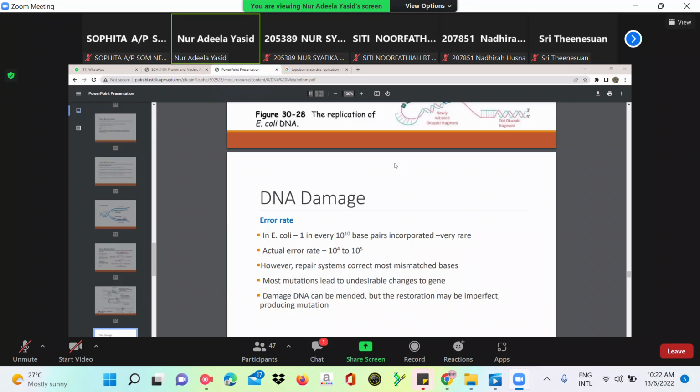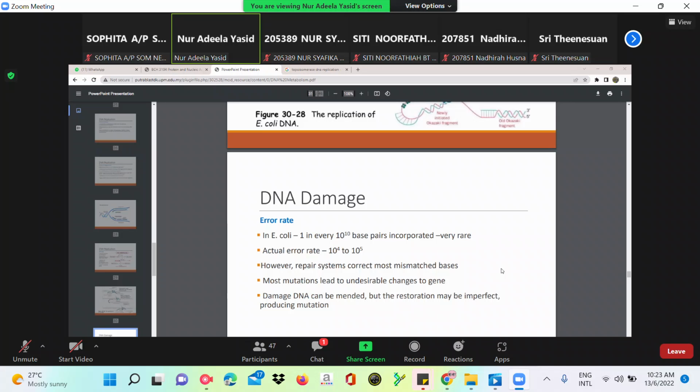If there is damaged DNA, we have a repair system. In fact, when we run DNA replication to amplify DNA, for example doing PCR, we want to replicate the DNA.